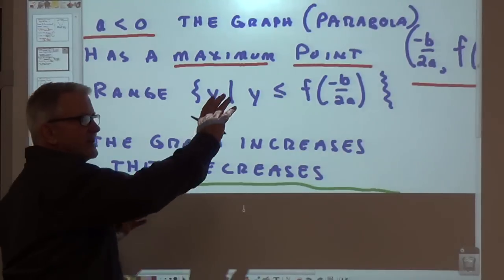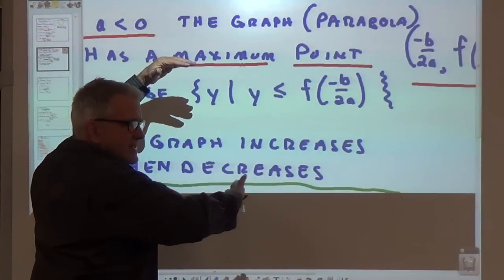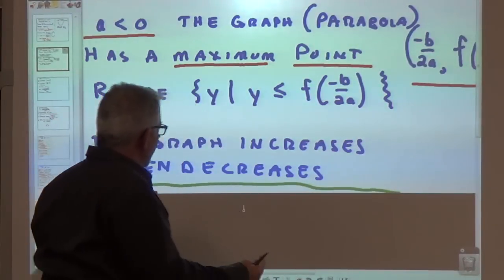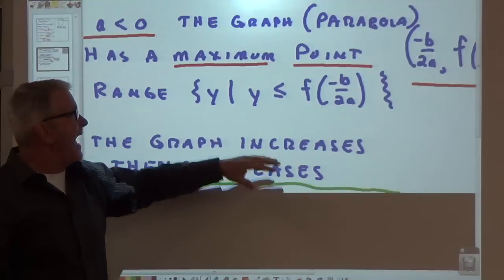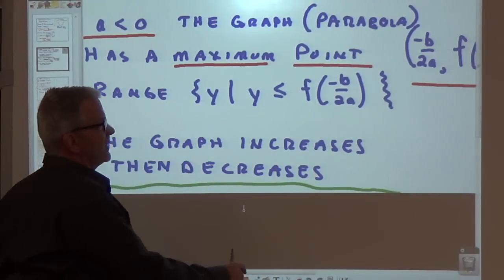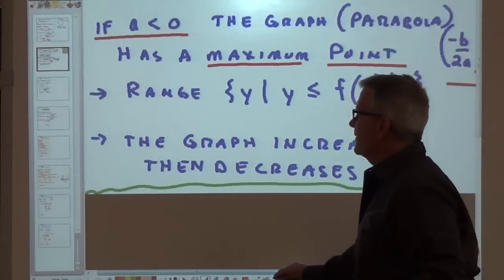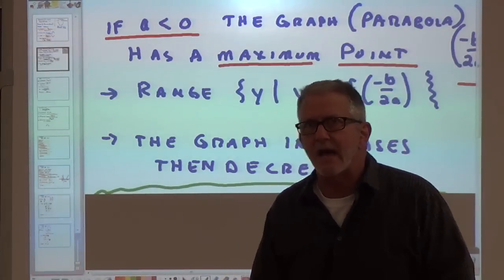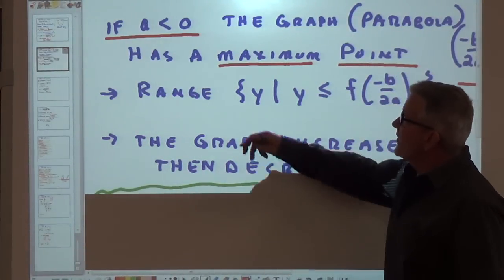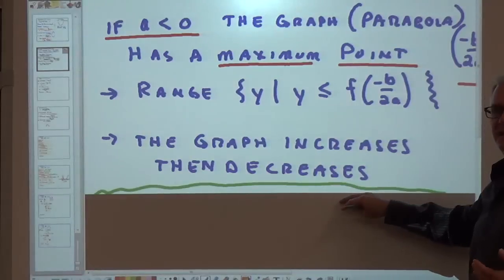The graph increases, the y values increase as the x values increase, and then it gets to the point that it starts to decrease. This happens if you have a maximum point. You go up, and then you go down. I don't have a graphical representation of that, but I did on the previous slide. Those are all things that happen if a is less than 0. We have a maximum point, and the graph increases, then decreases.